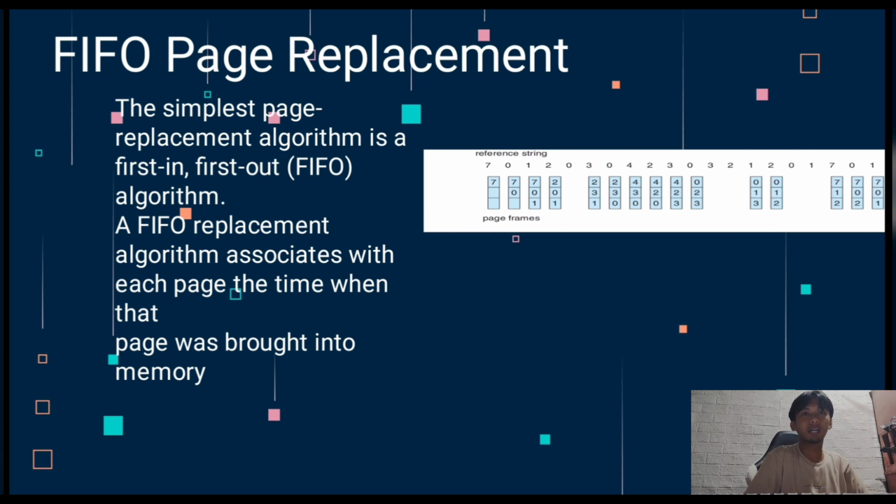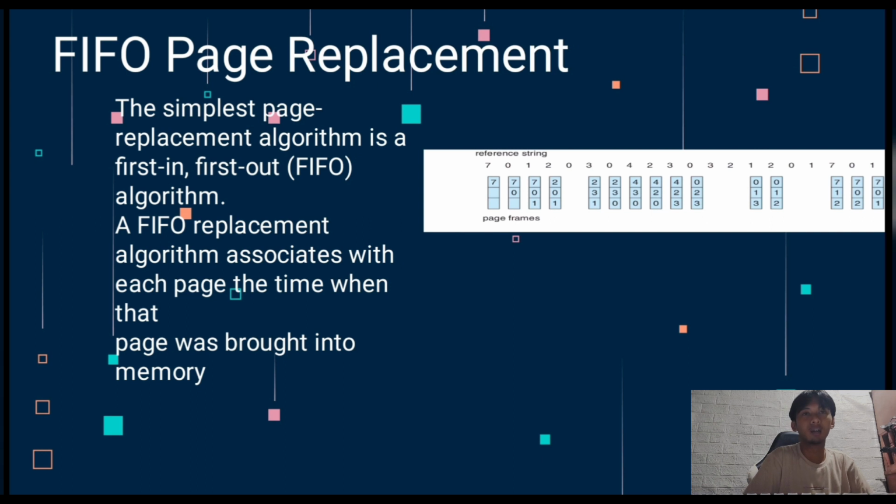Notice that it is not strictly necessary to record the time when a page is brought in. We can create a FIFO queue to hold all the pages in memory. We replace the page at the head of the queue, and when a page is brought into memory, we insert it at the tail of the queue.